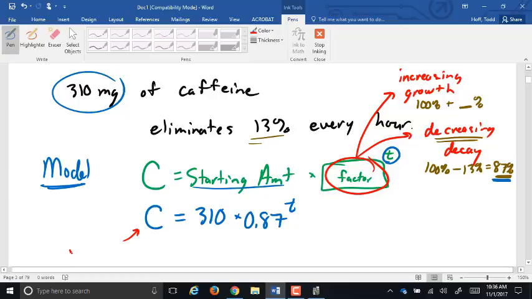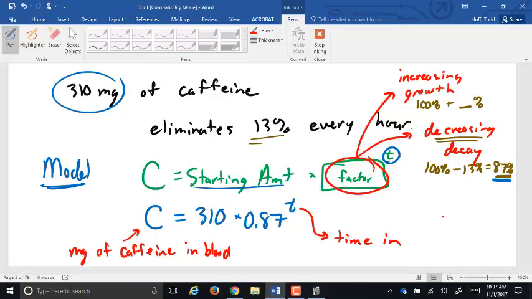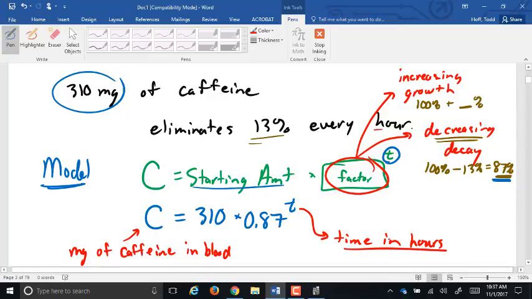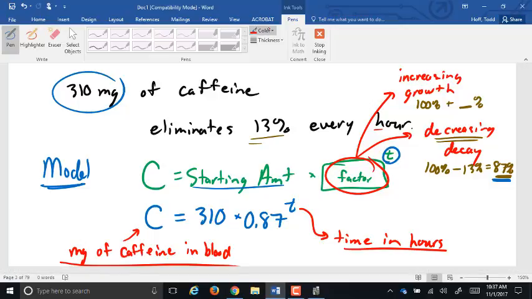C stands for milligrams of caffeine in the blood. T stands for time in what units? If we look in this problem, that 13% applies to, is that every minute, every day, every hour? So it's time in hours. So there's our equation.